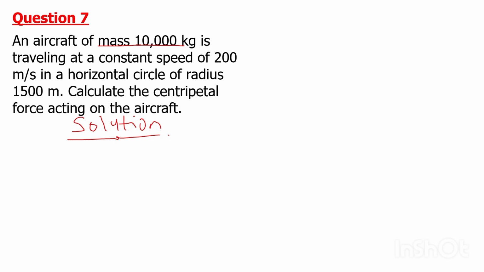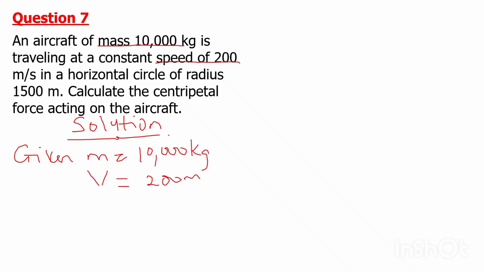Mass m is given as 10,000, speed 200 meters per second, radius r is given as 15.